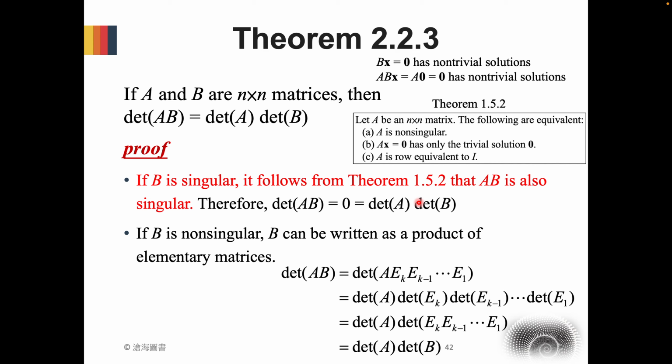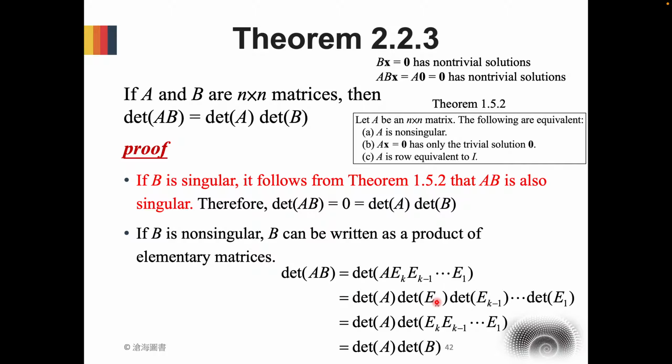Got it? Then if B is non-singular, B can be written as a product of elementary matrices. So determinant AB can be written as determinant A times E_k to E_1. Because B is non-singular, it can be written as a product of a sequence of elementary matrices. And this determinant can be written as determinant A times determinant E_k times determinant E_(k-1) to determinant E_1. This is what we know before.